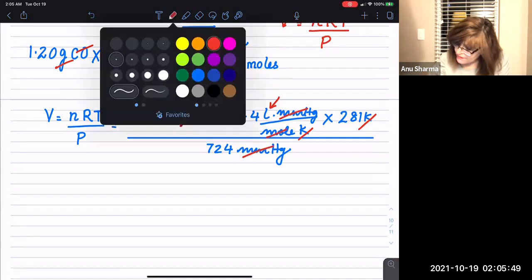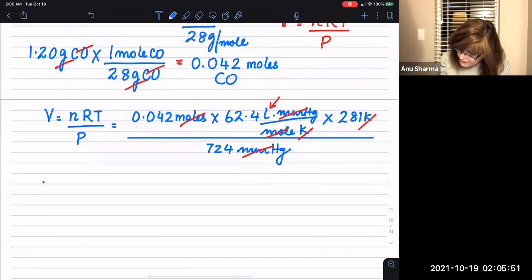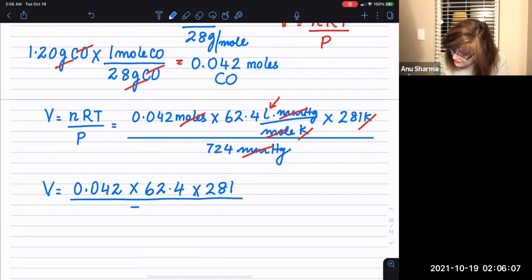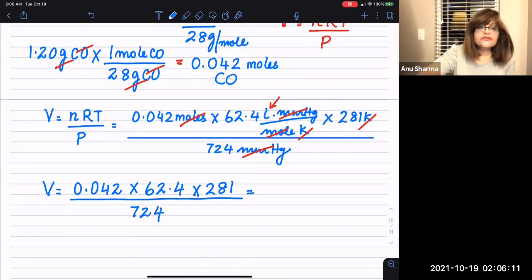So now the volume is equal to 0.042 multiplied by 62.4 times 281, divide this whole thing by 724.